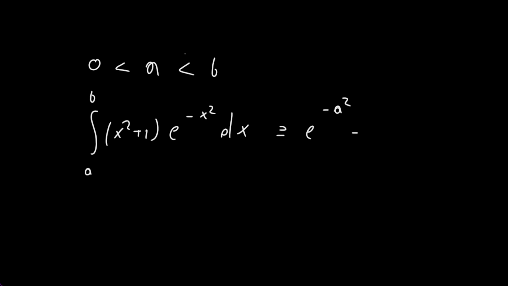What we want to show is that the integral from a to b of the function x squared plus 1 times e to the power minus x squared dx is bigger than e to the power minus a squared minus e to the power minus b squared.